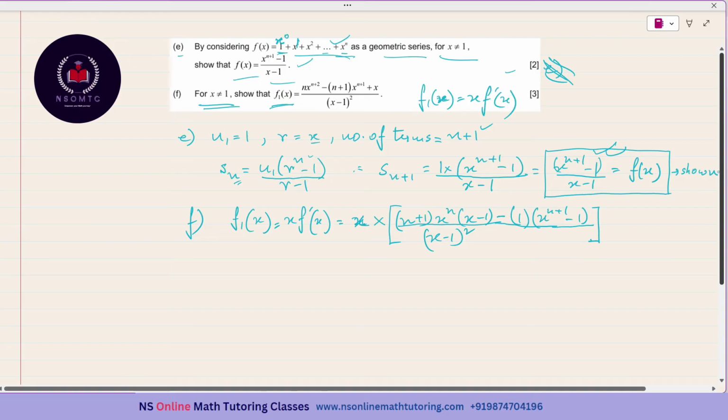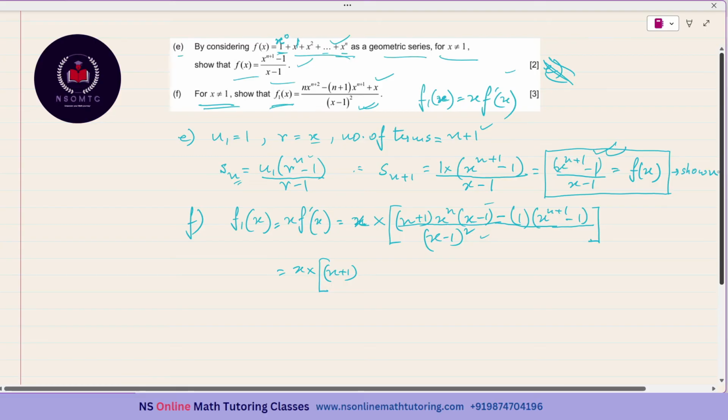Okay. So this is equal to x times, I am just separating the terms. So n plus 1 x to the power of n times x, because I am seeing the terms are separated. That is why I am just multiplying and expanding this numerator. The denominator is kept as x minus 1 whole square. I am not expanding the denominator, I am expanding the numerator.